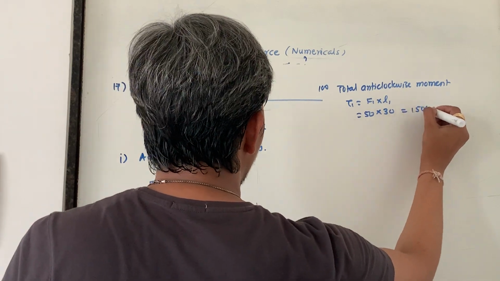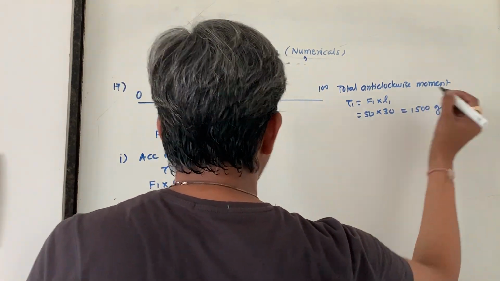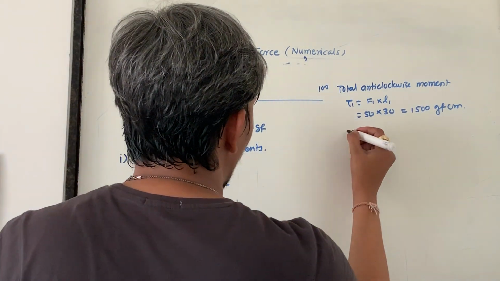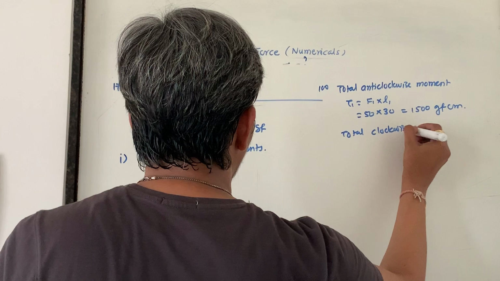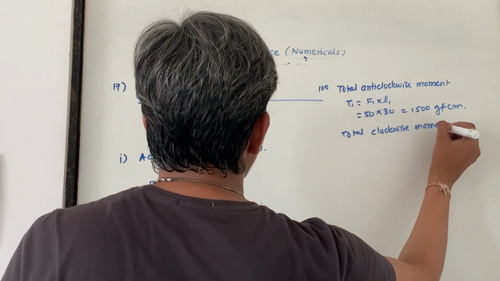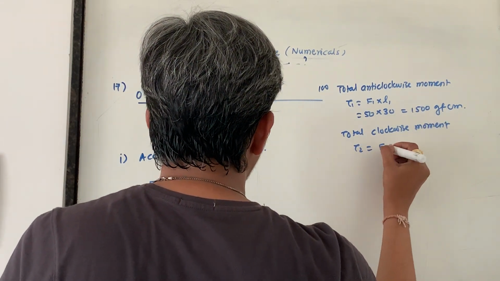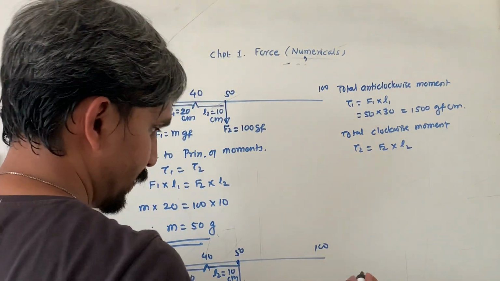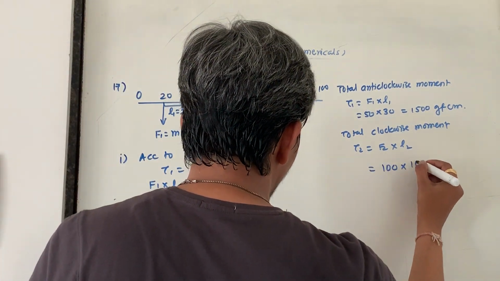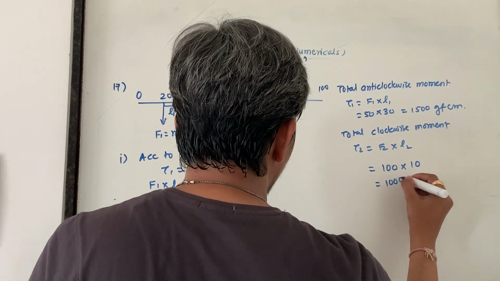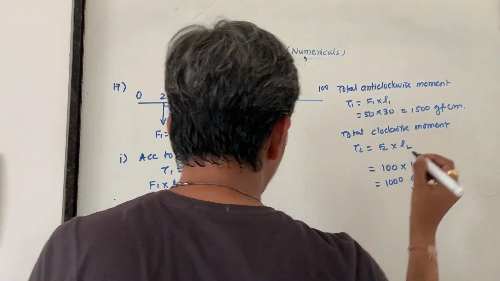This is 1500 gf centimeter. Then the total clockwise moment, which is equal to torque 2, which is F2 into L2. Your F2 will be 100, L2 is 10, that is 1000 gf centimeter.